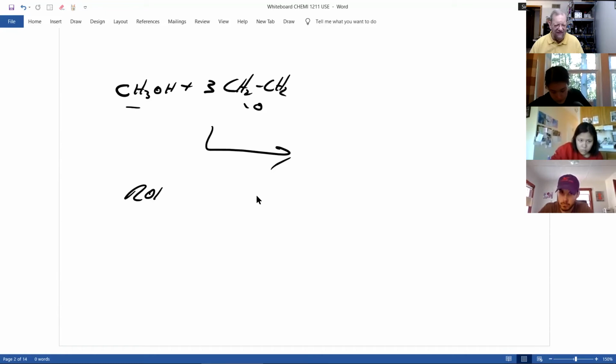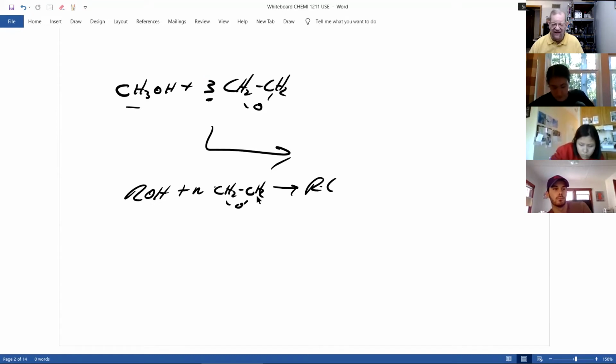An alcohol. Ooh, I have a number here, N molecules of ethylene oxide. And the way you write the product is R, then bracket, OCH2, CH2, close bracket, N, OH.